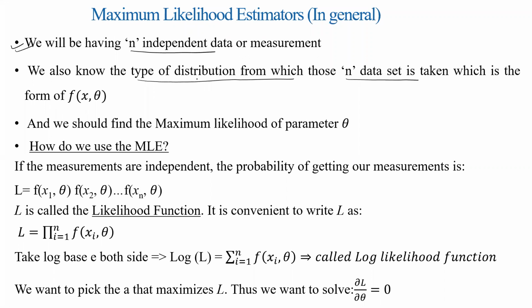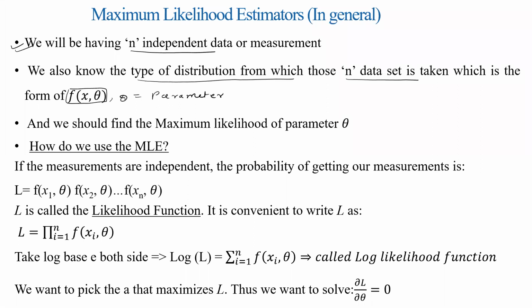So data will be given to us, distribution will be known to us, which will be in the form of f of x comma theta. Earlier I took p of x, now I have taken f of x comma theta, where theta is the parameter for which I have to find the maximum likelihood estimator.